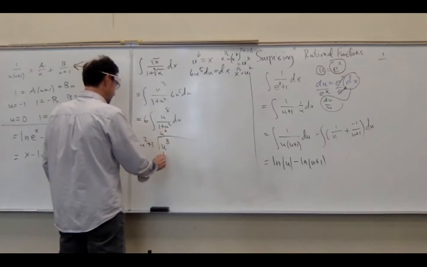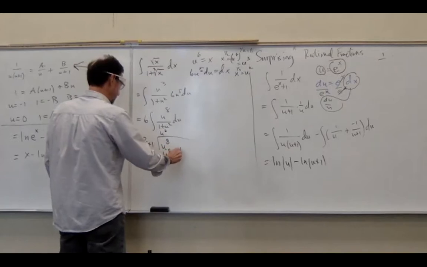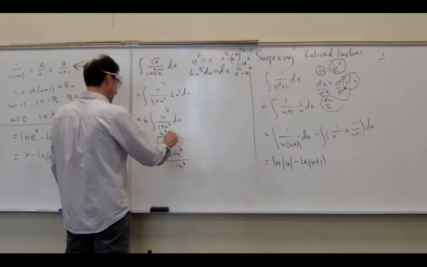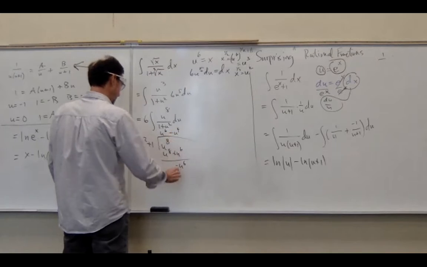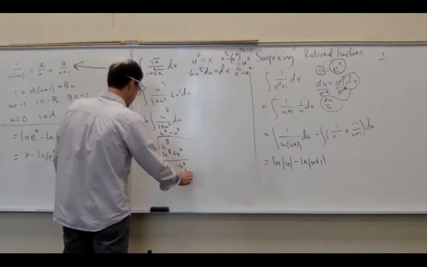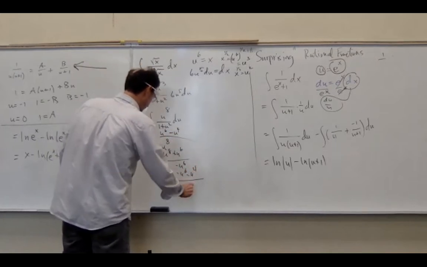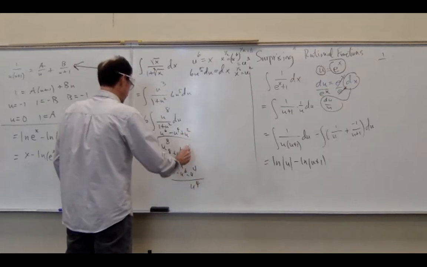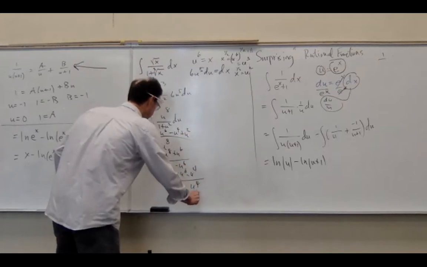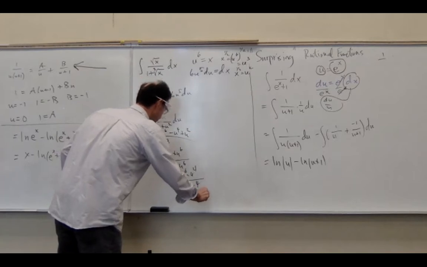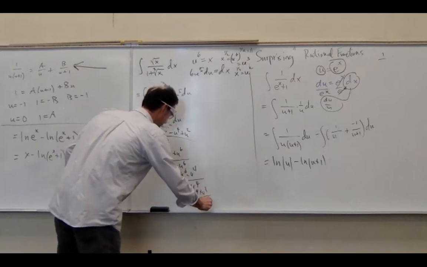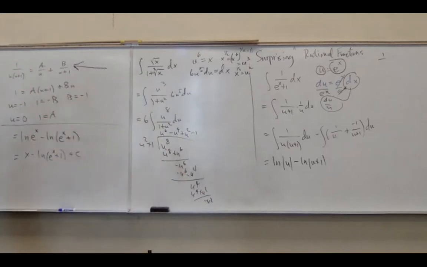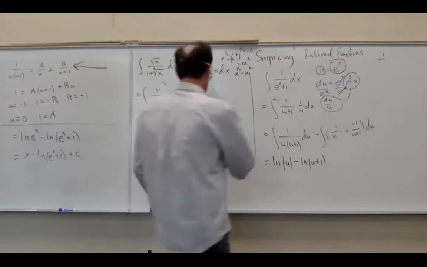So u to the 6th, u to the 8th plus u to the 6th. It's going to take a few steps. Minus u to the 4th. Plus u to the 4th plus u squared. Minus u squared, minus 1. I just ran out of room.